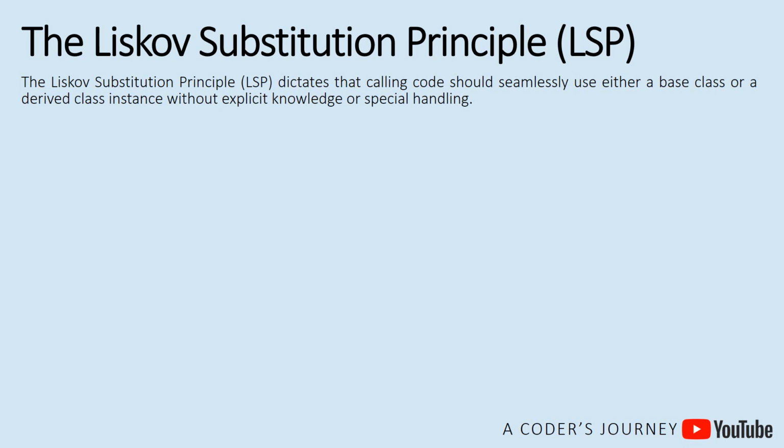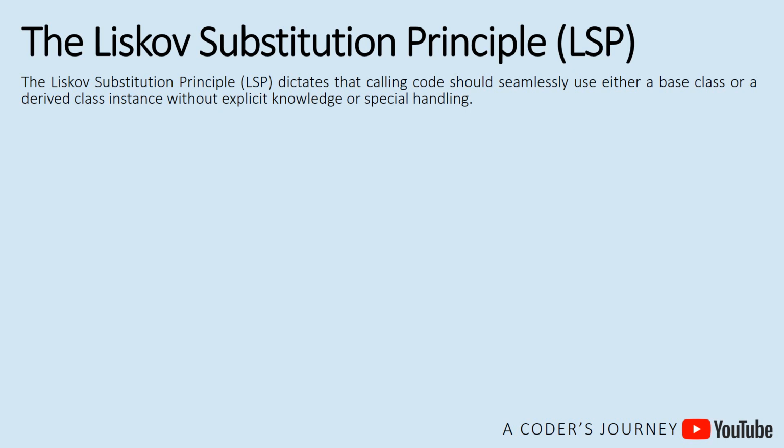So calling code means the code that is calling another method or function. So we have calling code and a code that is being called, which is sometimes referred to as callee. So callee is the code which is being called, like a method or a function. And caller or calling code means the function or the line of code which is calling that target method, that callee, right?